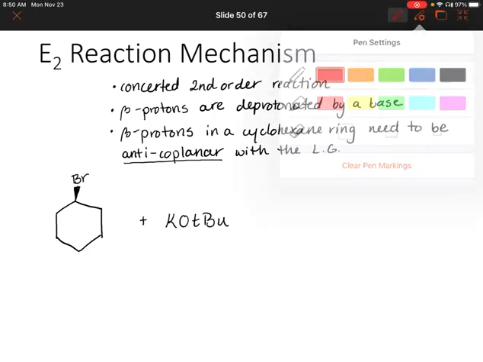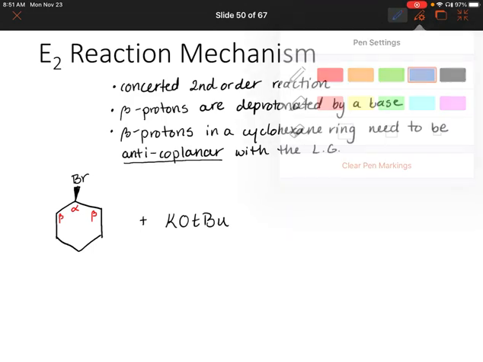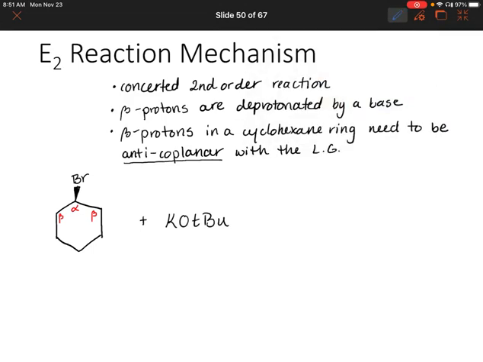So let's label our alpha carbon. So remember, that's the carbon bonded to the leaving group. And then we have the beta carbon next to that. And there's actually two beta carbons here, but we'll just focus on the one to the right just because it's easier. All right, so that beta carbon has two hydrogens bonded to it.